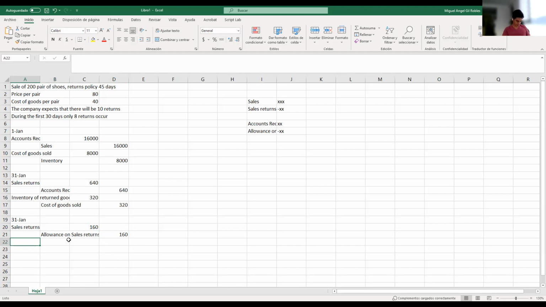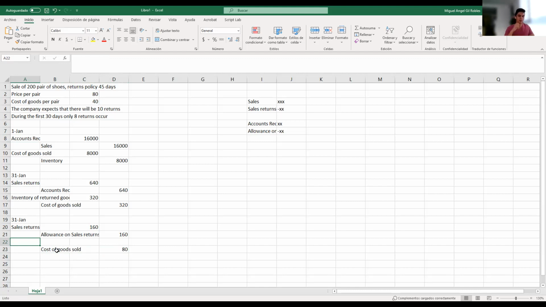The other part of this journal entry is that we also need to affect inventory and the cost of goods sold. The cost of goods sold, as I said earlier, I always like to start here. It's 40 times 2. But what are we going to do here? Are we going to affect the inventory?